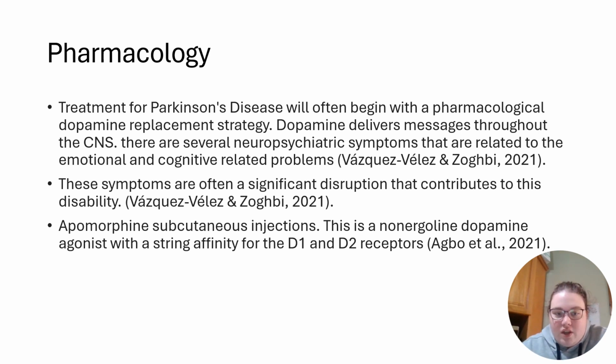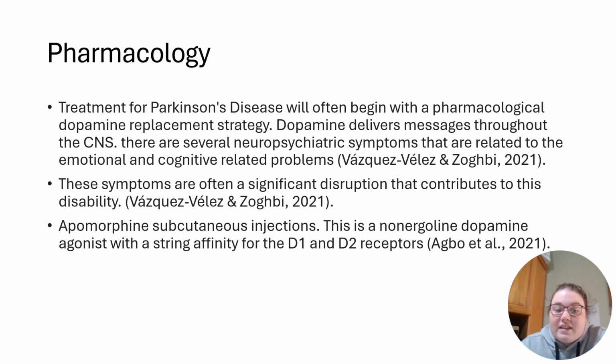We'll get into that. Treatment for Parkinson's will often begin with a pharmacological dopamine replacement strategy, because the dopamine delivers messages throughout the central nervous system. There are several neuropsychiatric symptoms that are related to emotional and cognitive problems. These symptoms are often significant to the disruption that contributes to this disability.